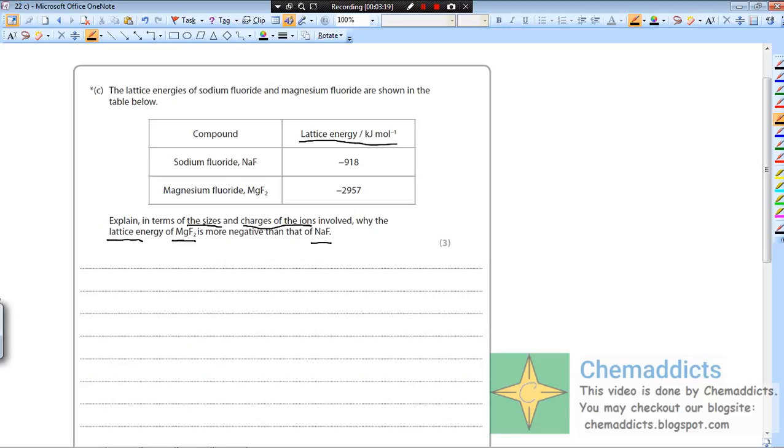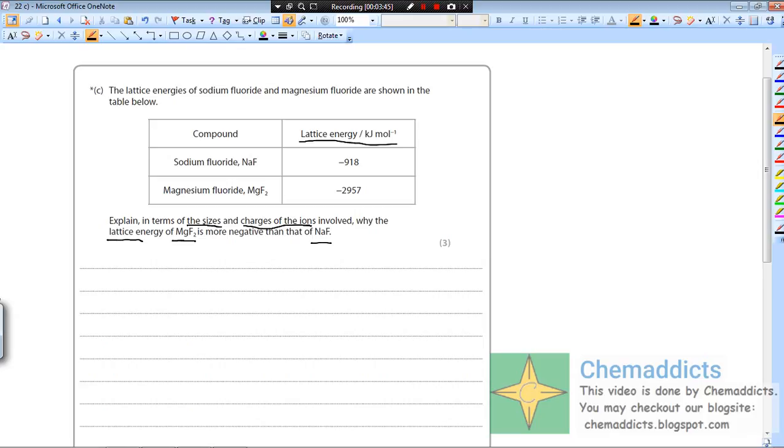Here they have straightforwardly asked us to find this thing. They have given the lattice energy directly over here. So we can be assured that we need to explain this in terms of sizes and charges. We don't need to involve covalent character.